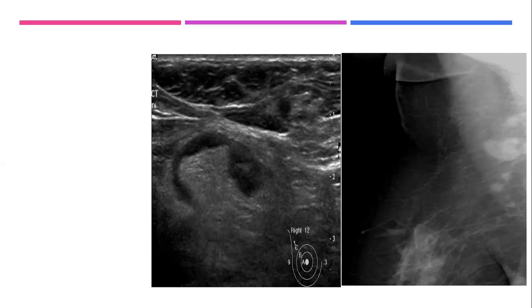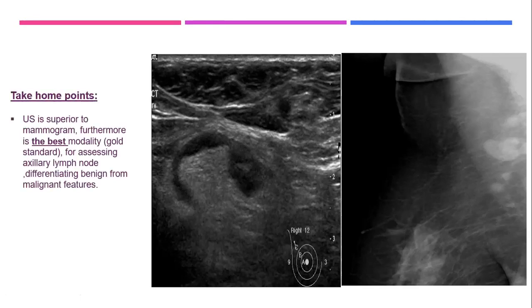On mammography, we cannot see all these findings. You see, the hilum is present here, but it is asymmetric, engulfed or attenuated due to the focal cortical thickening. But this will not be well appreciated on mammography.